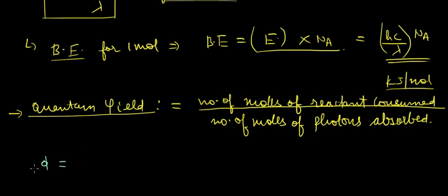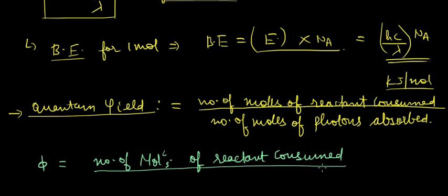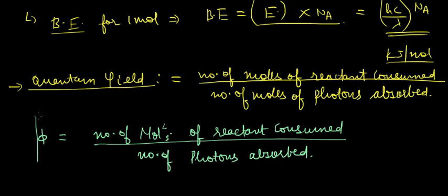So phi would be the number of molecules of reactant consumed, we can also write it in terms of molecules, divided by the number of photons absorbed. So just remember this form.